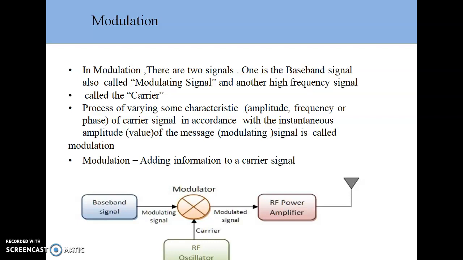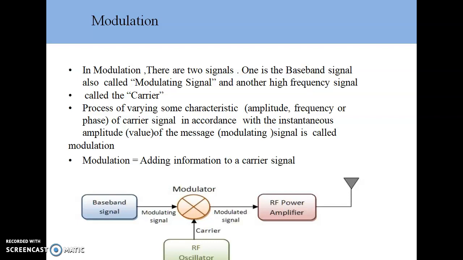When you move from your home to your workplace, does any change occur in you or in the information signal? No, you are just superimposed on the vehicle. Same way, in modulation, the information signal is superimposed on the carrier. No change in the information signal will occur.